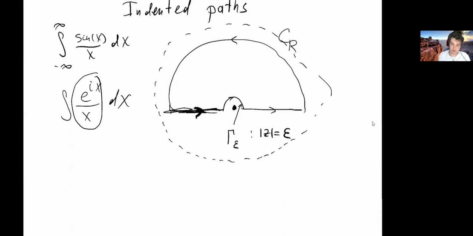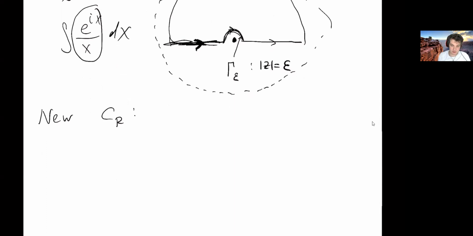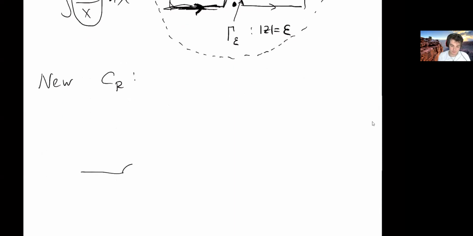And this forces us to orient this little fellow clockwise. Okay, so this will be my new C sub R. It's like a rainbow.